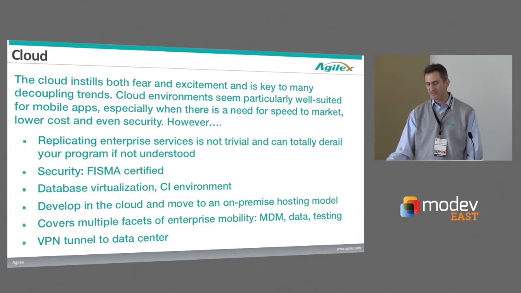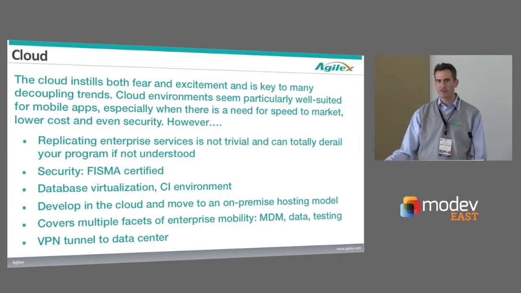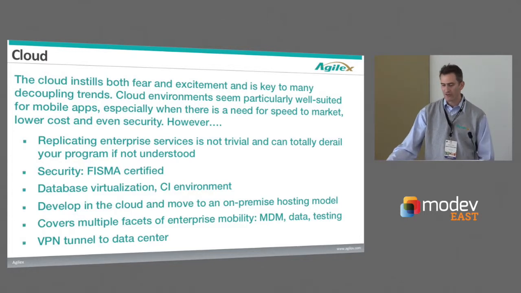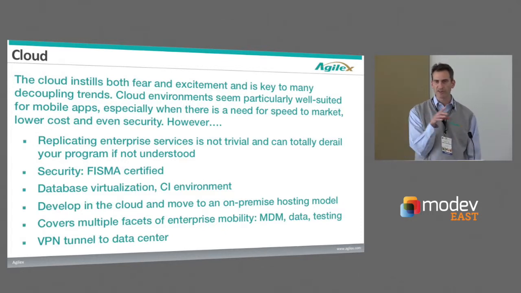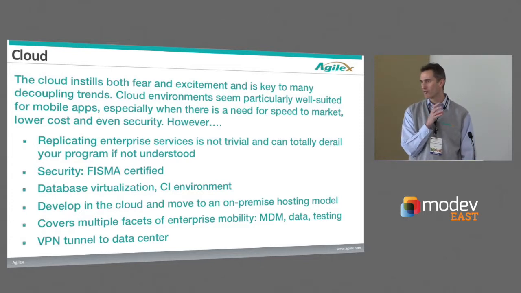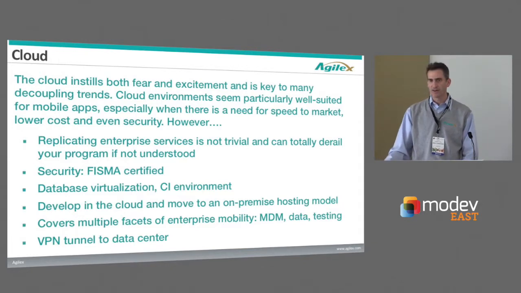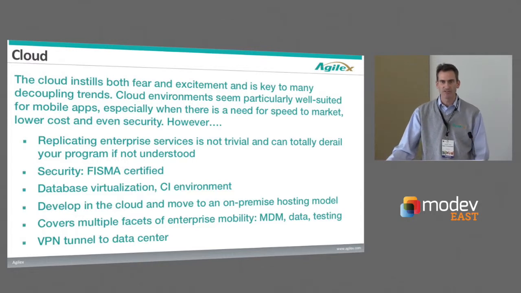But some of the things that are not necessarily understood about the cloud, or that developers and organizations don't consider, are these enterprise services. What I've seen a lot of developers and organizations do is develop in the cloud, whether it's Amazon or wherever, and then try to bring the app on-premise into a data center. And lo and behold, the thing doesn't work. Works perfectly in the cloud, but all of a sudden it bombs.